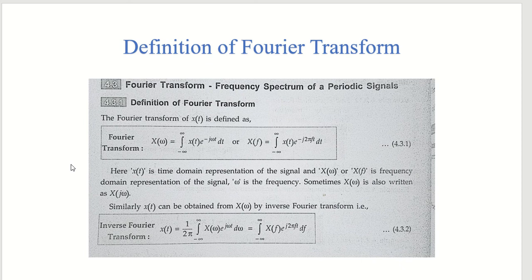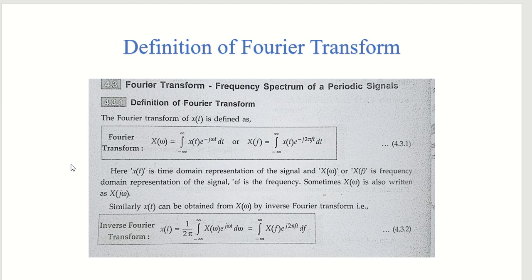Now if you remember the previous class, we discussed the Dirichlet conditions for one signal to be a Fourier series signal. Following such conditions, your signal can become a Fourier series signal.